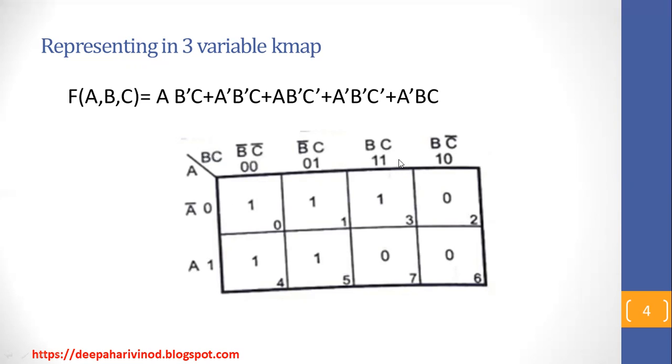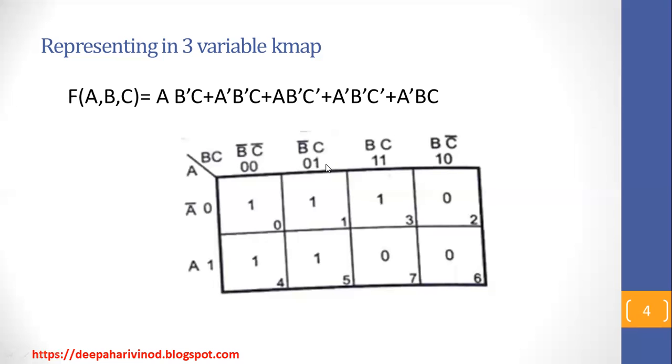So observe over here, this is 1, 1, then 1, 0. Otherwise your entire K-map will go wrong. So this is what I told, that we are following the gray code sequence in case of K-map. Because of that, after 0, 1, we have 1, 1, and then the last cell is 1, 0.